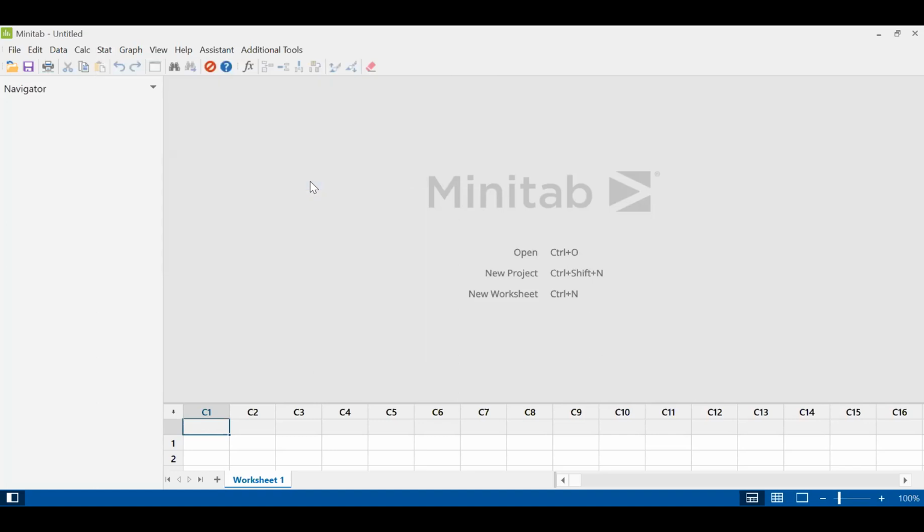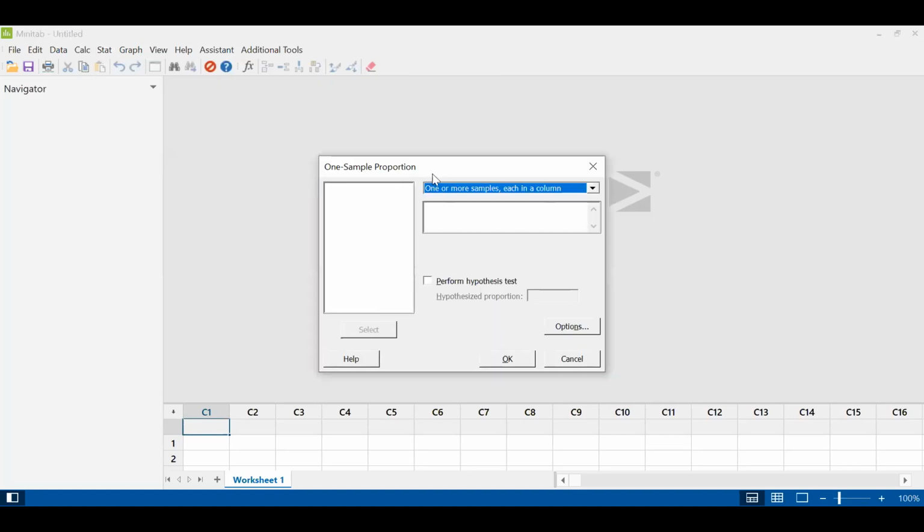Okay, so I'm going to click on One Proportion. Remember from last class, when I had one proportion, I had to tell Minitab what type of data I had. I had to say whether I had my sample in a column or summarized data. Well, I don't have raw data in a column. I had summarized data. It told me how many people out of a total number said yes.